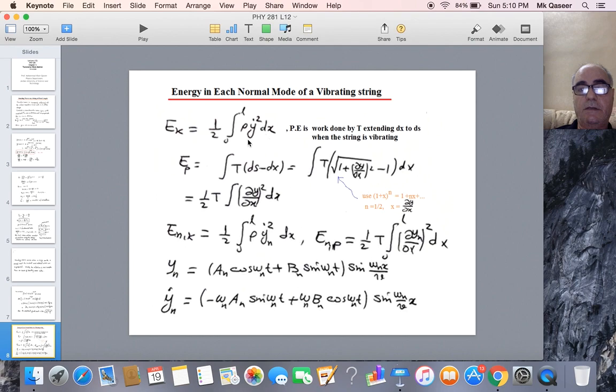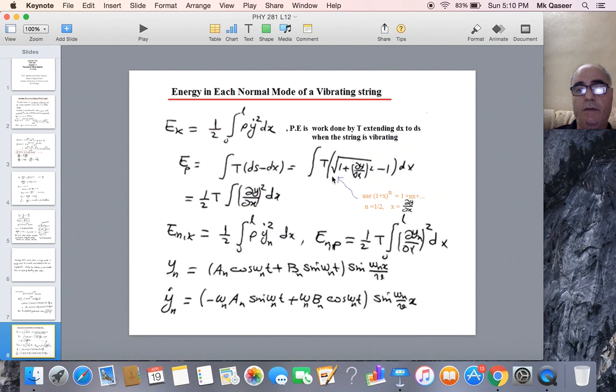Rho dx is dm. Now the potential energy is the work done by the tension extending dx into ds when the string is vibrating. ds is the arc length, which is given by this equation. So the potential energy is the integration of ds minus dx.